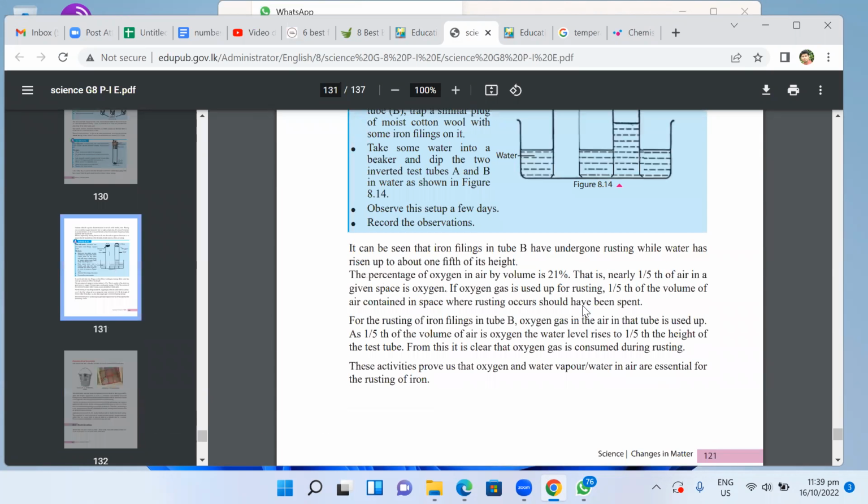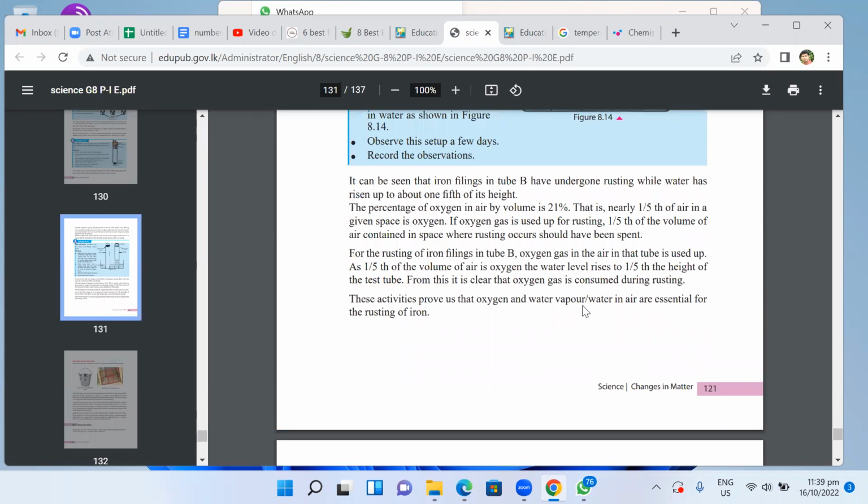Okay, how can we stop the rusting process? So one thing is you can remove the oxygen, but unfortunately then we cannot keep these metals in the real world, in the outside world. We cannot remove oxygen from the environment.